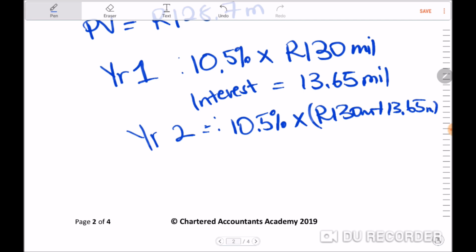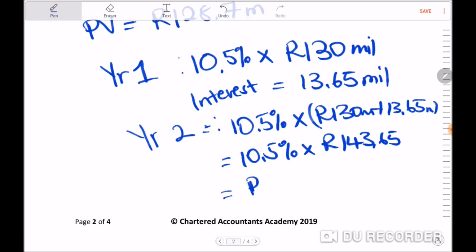So if I add, I get a grand total of 143.65 million rand, and I'm now multiplying 10.5% by 143.65 million rand, giving me interest payments of 15.08 million in terms of my interest, and going on and on, right up until I've completed year 4.